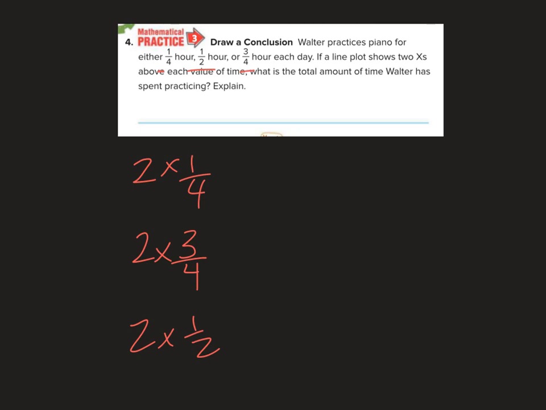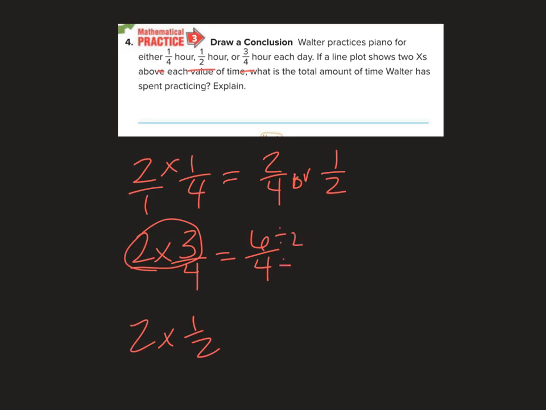So I need to multiply each of those by 2, and then I'll add them together. So 2 times 1/4 would be 2/4, or 1/2. This would be 2 times 3 is 6/4. It's an improper fraction, but I'm going to keep it that way until after I'm done adding.